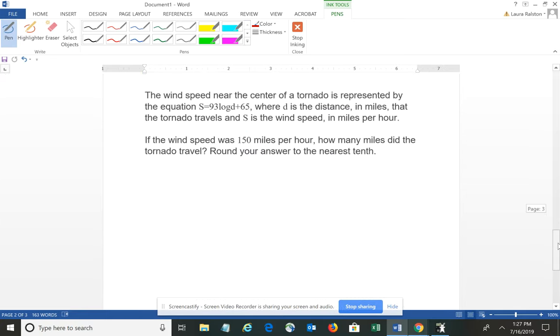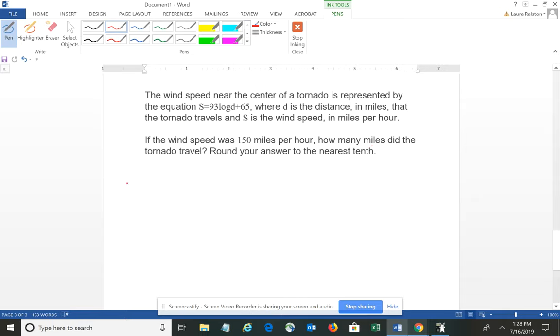All right, one more. Hopefully this is not too confusing. It says the wind speed near the center of a tornado is represented by the equation S equals 93 log of D plus 65, where D is the distance in miles that the tornado travels, and S is the wind speed in miles per hour. If the wind speed, which would be S, was 150 miles per hour, how many miles did the tornado travel?